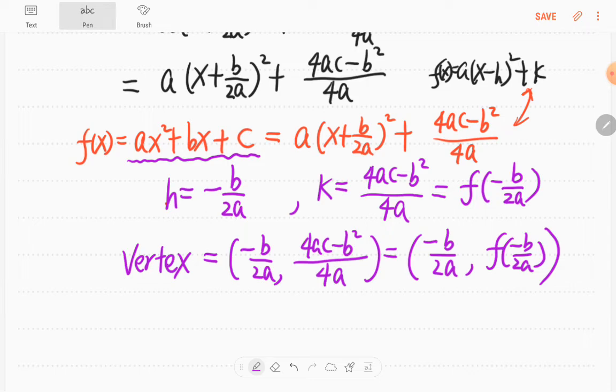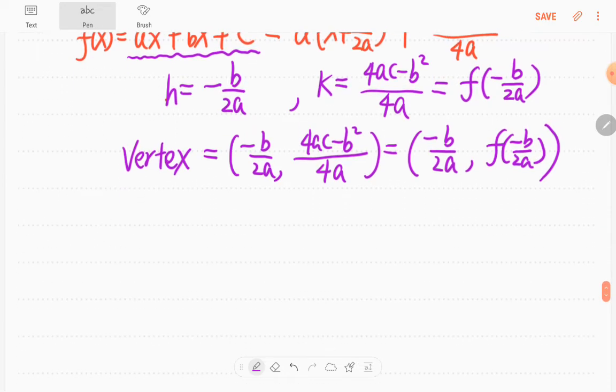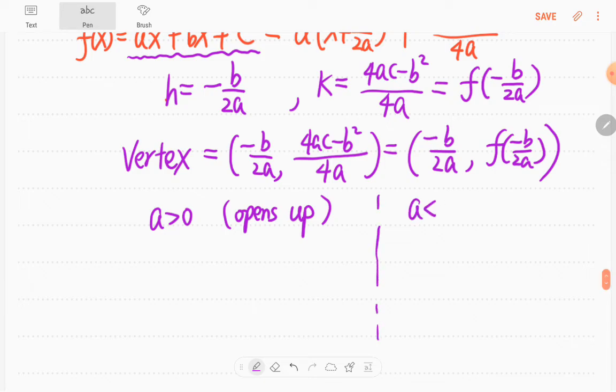Okay. So again, when a is greater than 0, that means the parabola opens up. If a is less than 0, that means it opens down.